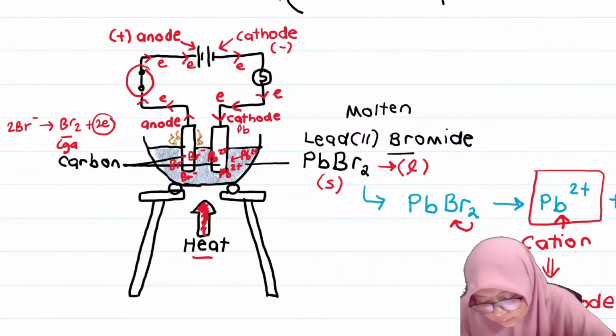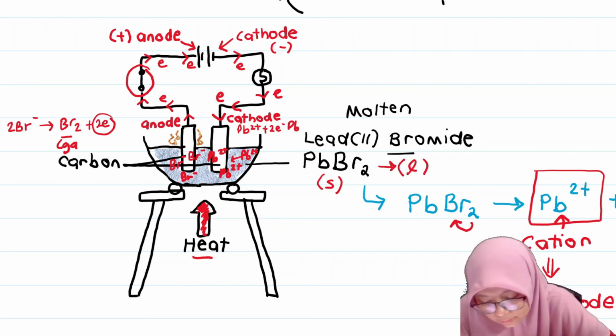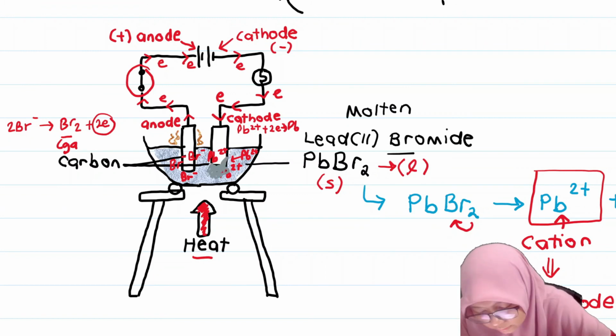What happens at the cathode? The Pb2+ will accept electron to form lead as in atom. So when lead atom forms, you will see grey solid deposited at the cathode.